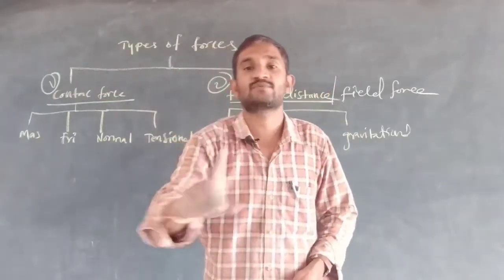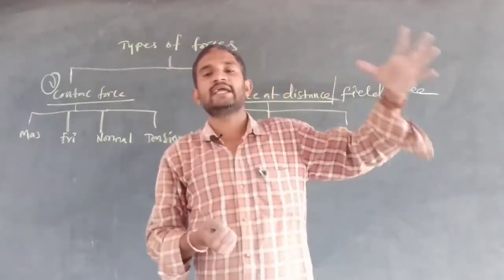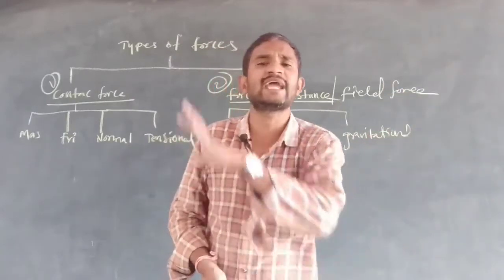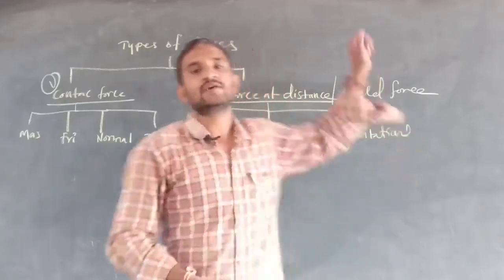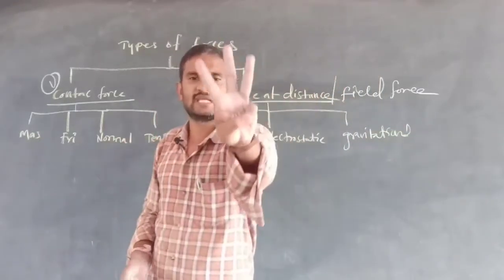Forces are of two types: one is the contact force, the other is the field force. The contact force is divided into four categories, and the field force is divided into three categories.